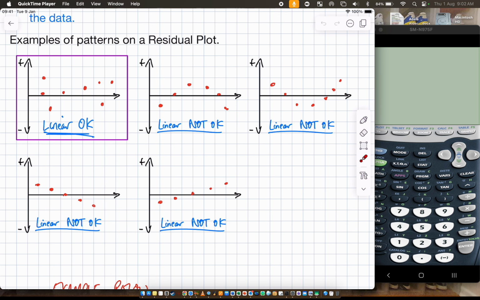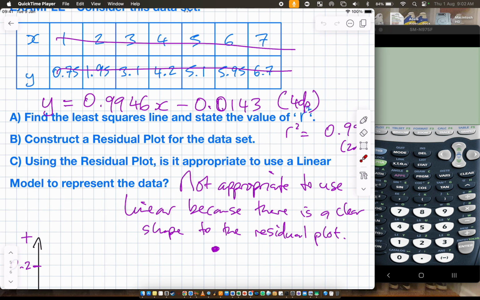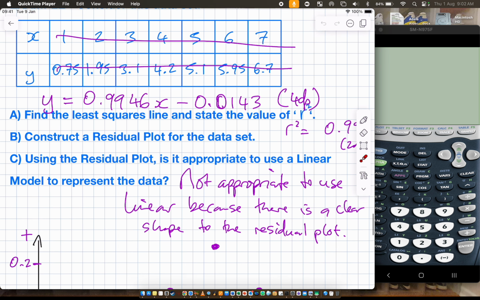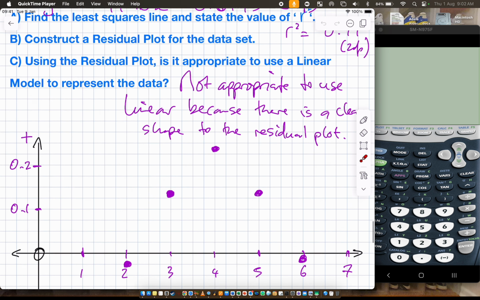So the only next step that we do in general maths is once you've tried to fit a straight line to your data and you draw a residual plot, if you come to the conclusion that it's not appropriate to use a linear relationship, we only try one other model.